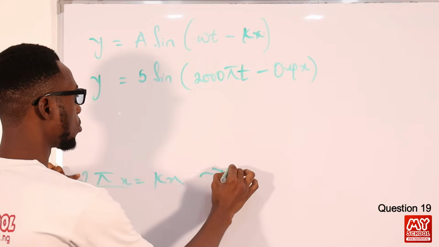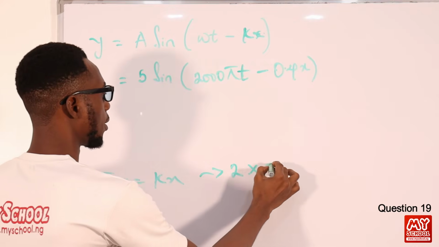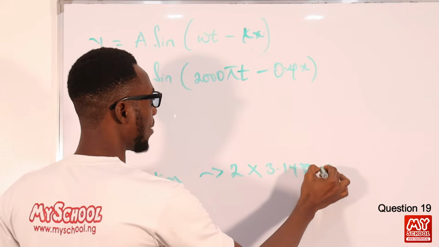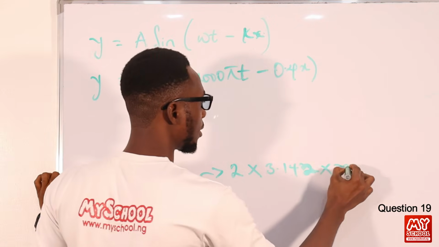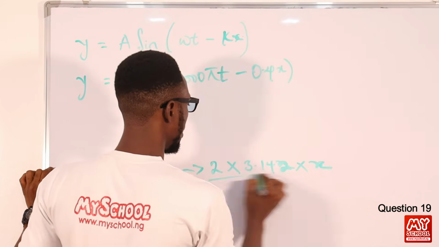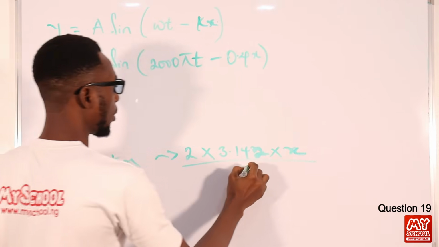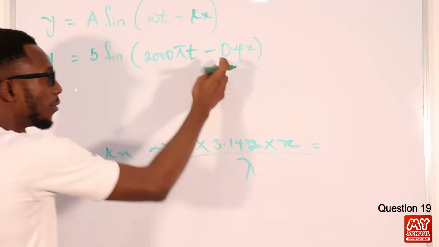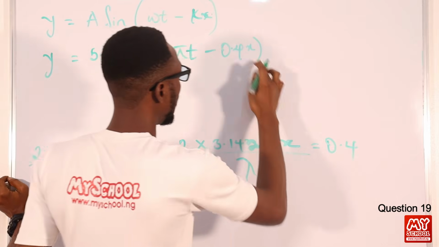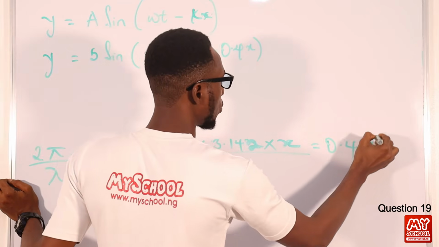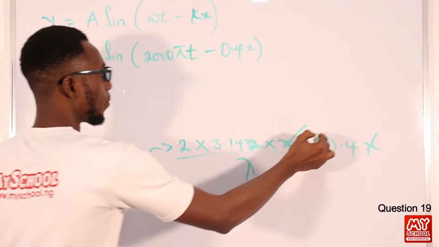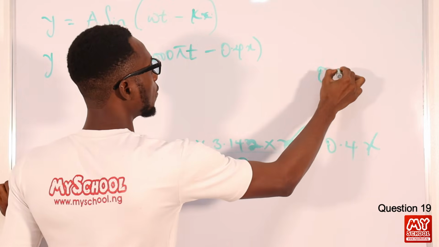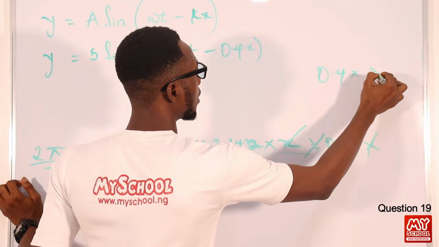So that will be 2 times 3.142 times x over the lambda that we are looking for, equals k, that's 0.4, times x. So x cancels x. By the time we cross multiply, I will have lambda coming here, so that will be 0.4 times lambda.